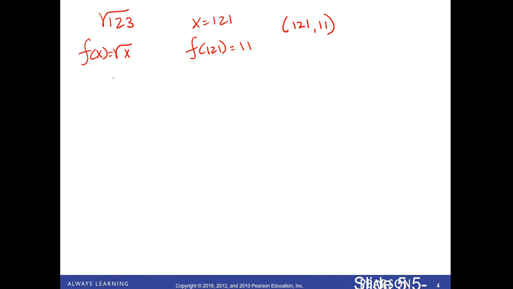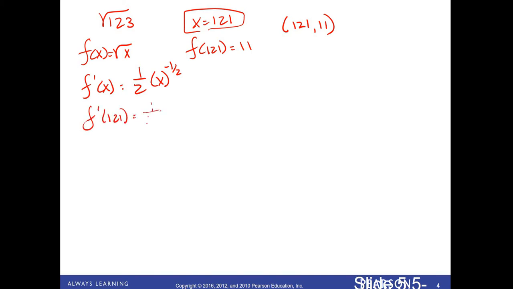I need a slope, so I'm going to take f prime of x equals 1/2 of x to the negative 1/2, evaluating that at my point of tangency. F prime of 121 is 1 over 2 times the square root of 121, which is 1 over 22.